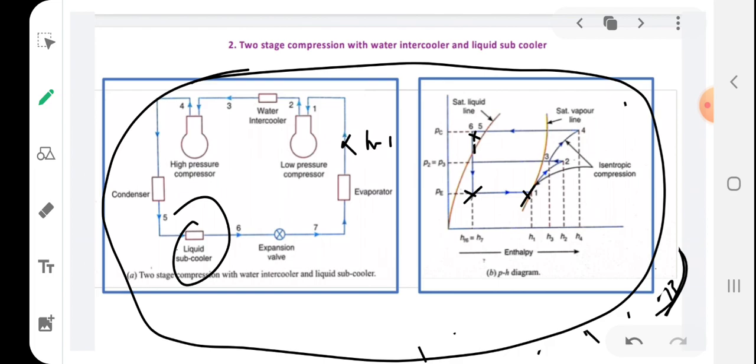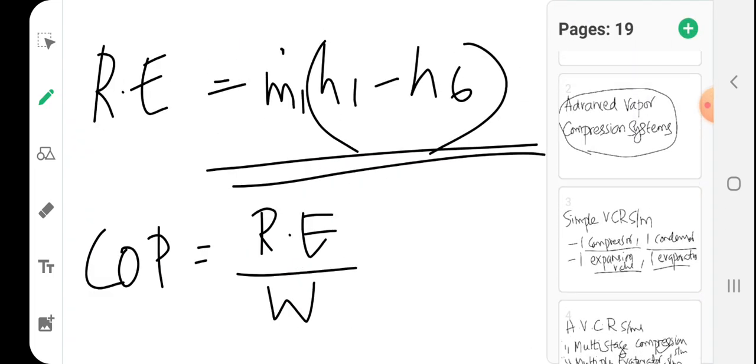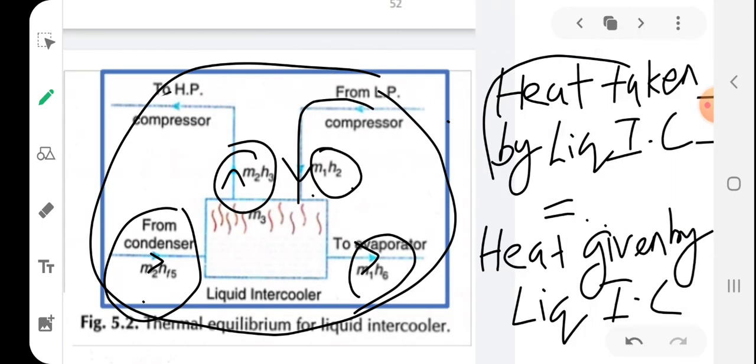So while taking the mass, you don't have to be confused as in the case of the liquid intercooler, where mixing is taking place, right? But in the second case there is no mixing, so while taking the mass there are no different streams, so it is even simpler compared to the first case.